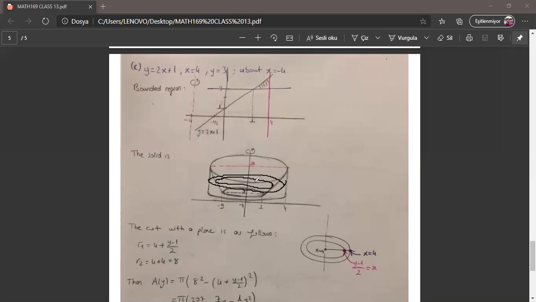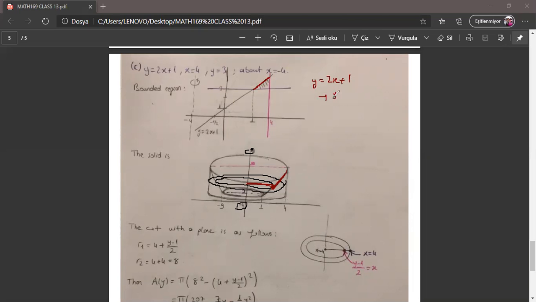Now we again find the radius. So the first one's radius: this is -4. Remember, we rotated it about x equals -4. So this is x equals -4, and here we have this radius then. What's this? This line is y equals 2x plus 1.